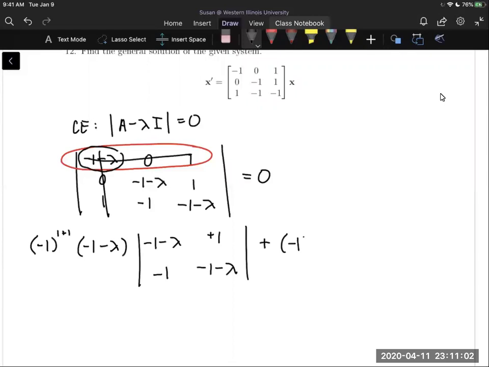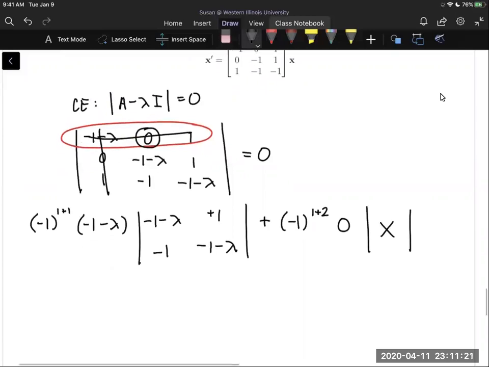And now I'll move on to my next term. Now I have a -1 to the row 1, column 2, but look, now I'm working with the 0. So I'm just going to write the 0 there and don't really care what that is because it's all going to go to 0. Finally, I have my -1 to the row 1, column 3.